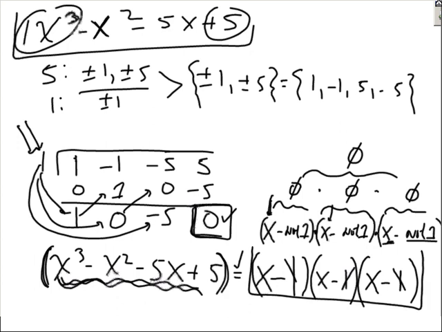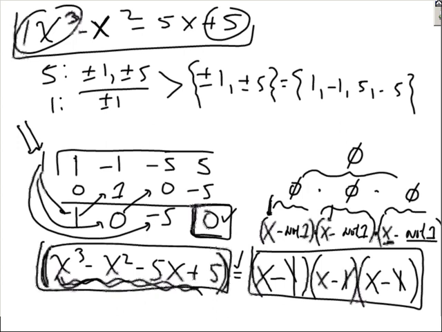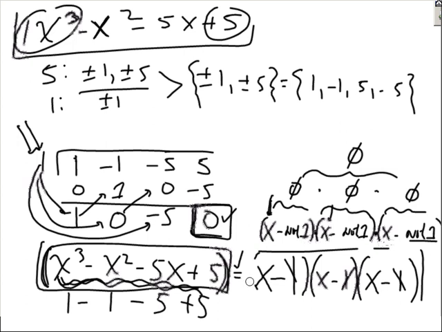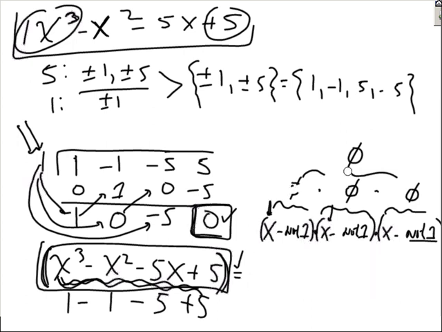This bottom, when I plug in 1, is not 0. But when I plug 1 in the right side, it is 0. After all, 1 cubed is 1, minus 1 squared is 1, that's 0. Minus 5 times 1 is minus 5, plus 5 is 0. When I plug 1 in, I'm supposed to get 0. What I'm getting at is, we were mistaken. When we said that x minus 1 is not a factor, we were mistaken. One of the factors is x minus 1.